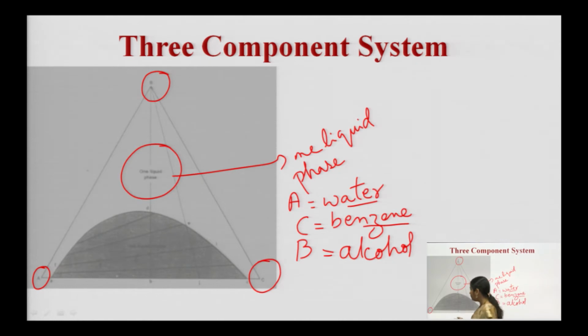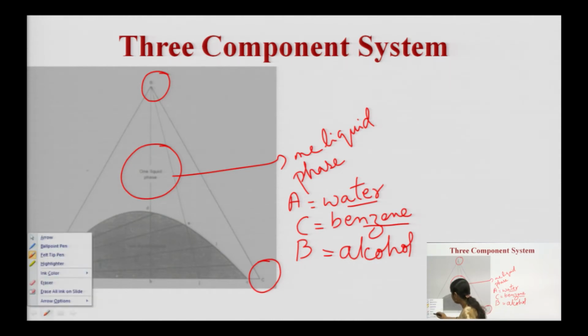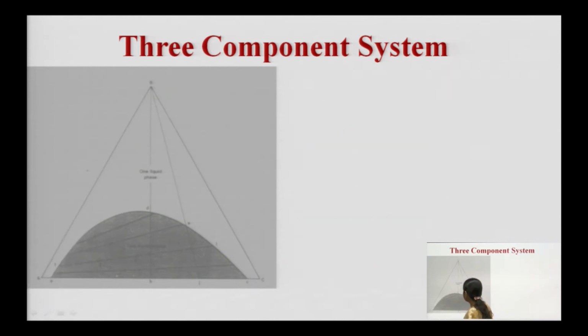Now, what happens in this case, suppose A and C are partially miscible liquids, and in this diagram this point is denoted by small a.